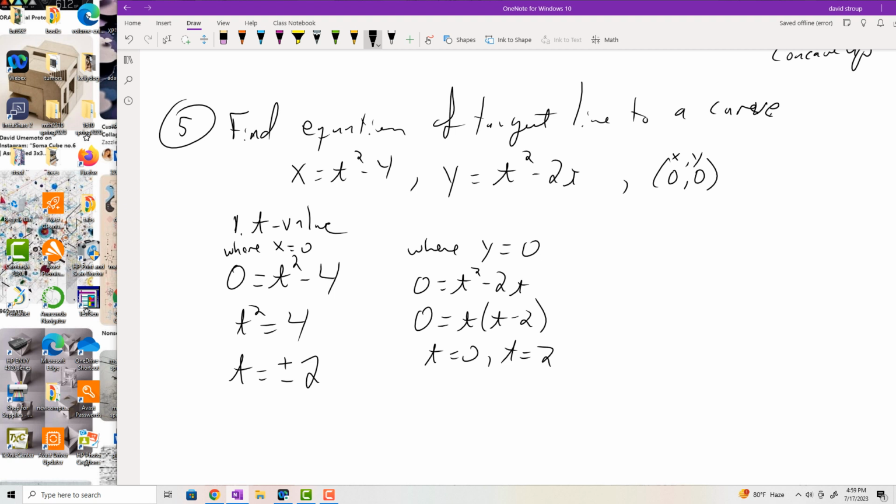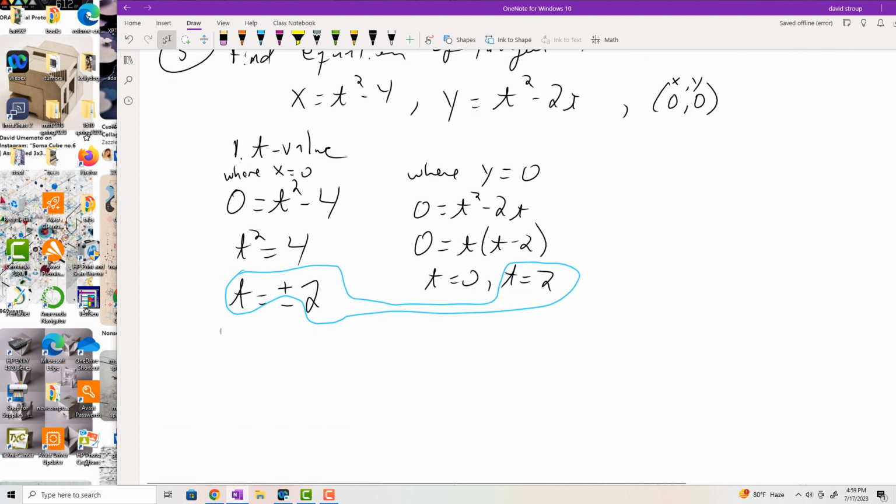So the only place where they're both going to be 0 is when t is plus 2, right? At 0, certainly the y is 0, but then the x is not 0. At negative 2, the x is 0, but then the y is not 0. Okay, so you see the issue? You got to make sure they're both equal to 0.